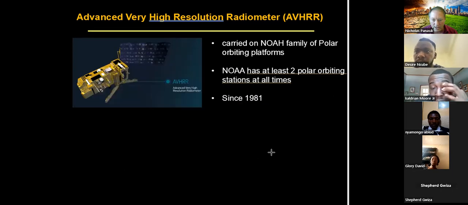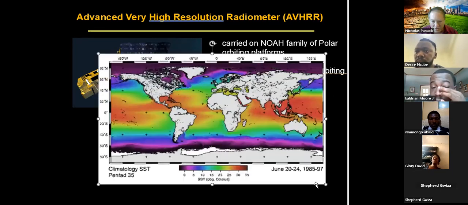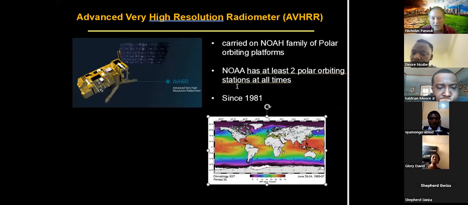This gives you a picture of what you can see in terms of that data from NOAA. I'll go ahead and expand it out so you can see what kind of temperature variation it's seeing over the planet. This is from 1985 to 1997. Not showing any conclusions here yet, just giving you an idea of what kind of instruments are being used to get these satellite measurements.